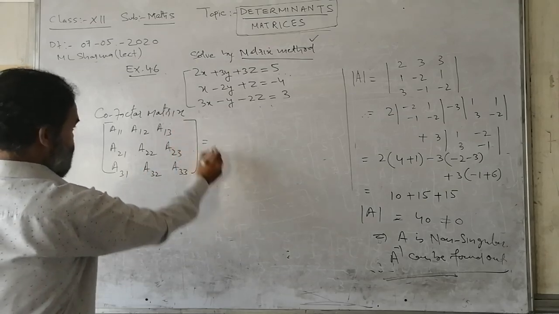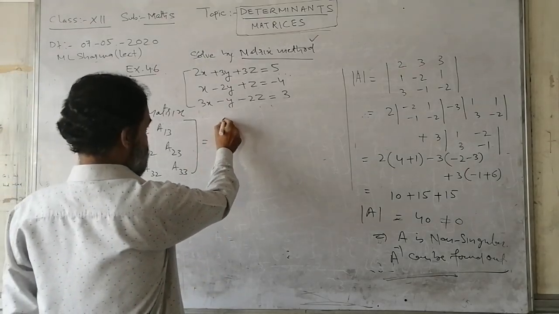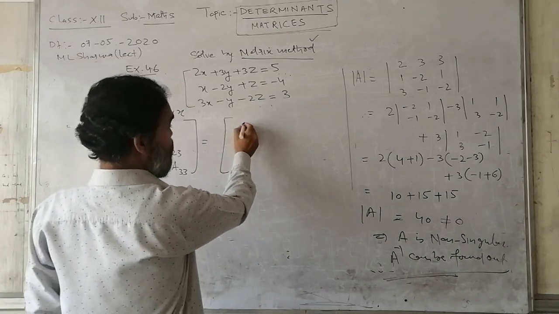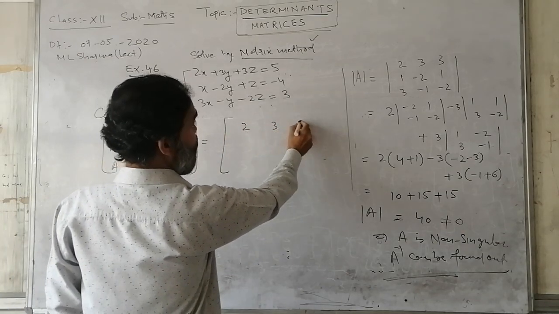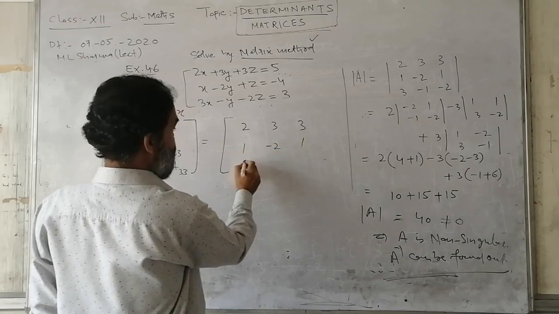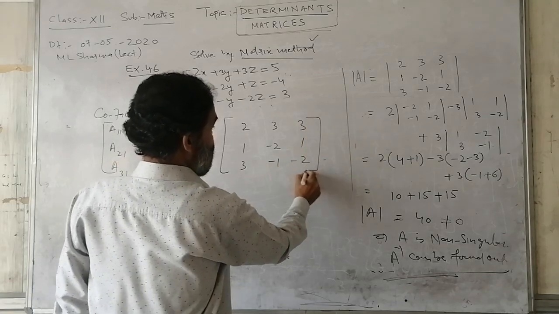So I have to find the cofactor matrix of this matrix, that is 2, 3, 3, 1, minus 2, 1, 3, minus 1, minus 2.